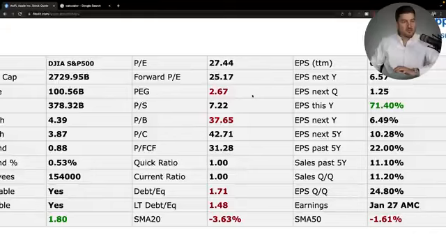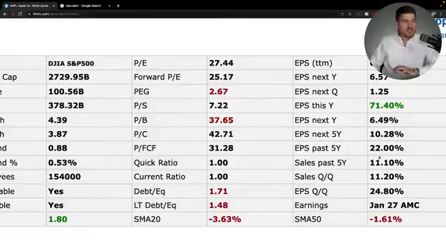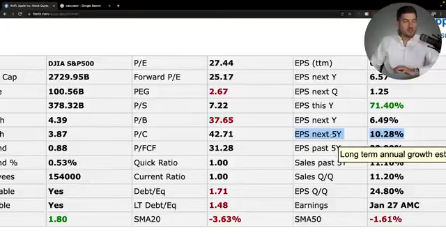So the PEG ratio is simply price divided by earnings per share, aka the PE ratio. We already did this. This was the answer from the previous slide for the PE ratio. And we simply divide this by the earnings per share growth. Since you want to use a long-term estimate, which is typically the next 5 years, we can see here that their earnings per share growth for the next 5 years is projected to be 10.28%.